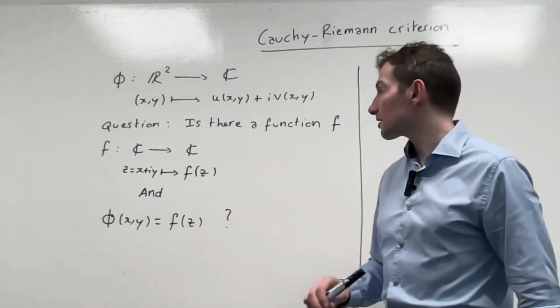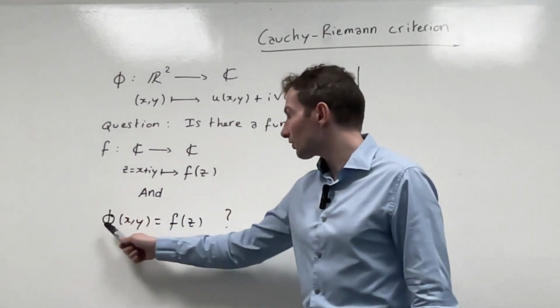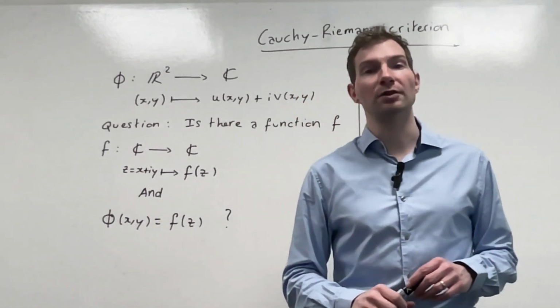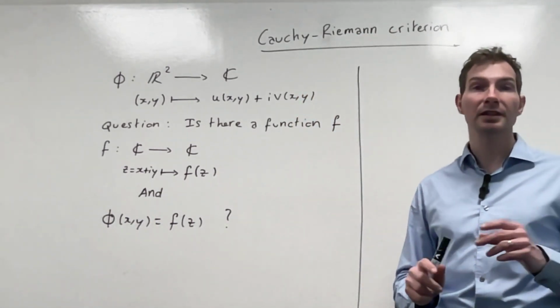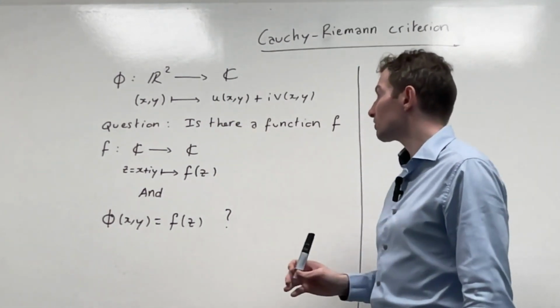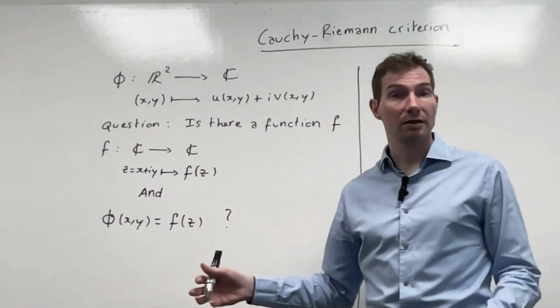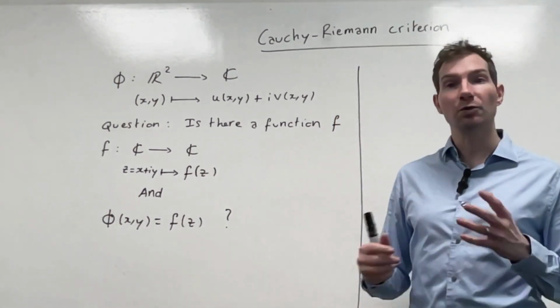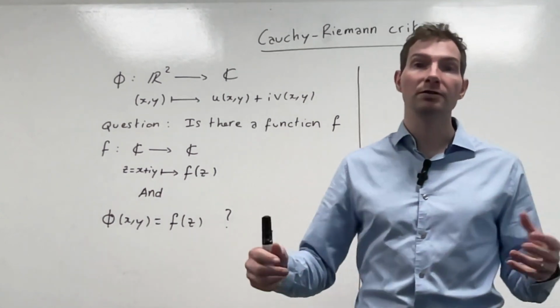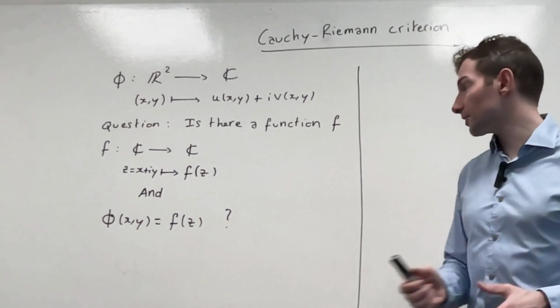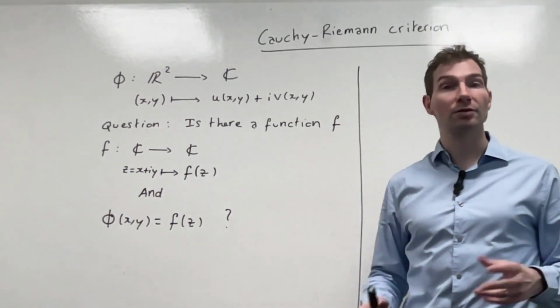And we want as well that phi of x y is going to be equal to f of z. So that's kind of the idea. And so working on this expression and this particular target, we are going to derive a general criterion for such a function to exist.